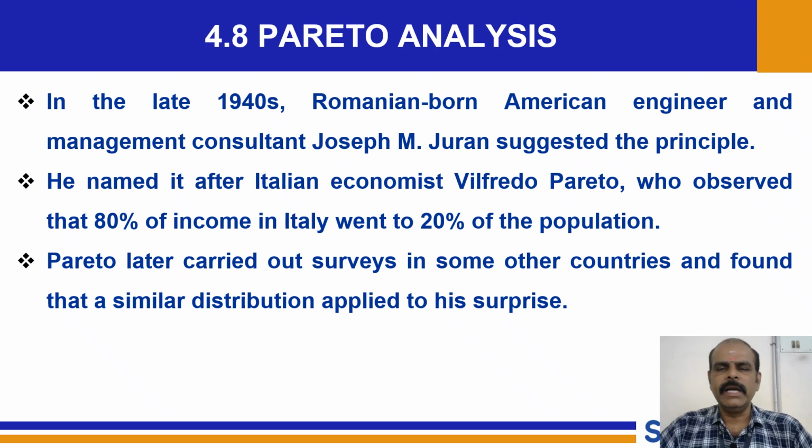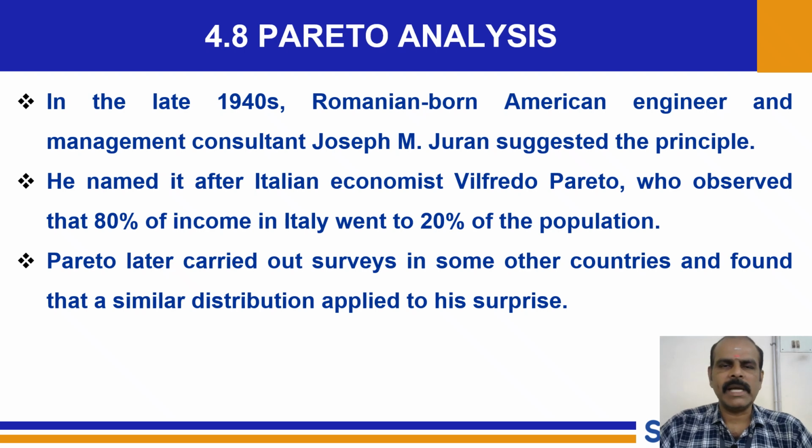Pareto went to different countries to understand whether 80-20 is predominant, or whether it was just an accidental observation. The shocking facts revealed that 80-20 was true in the majority of cases. Joseph M. Juran also came out with this concept, but the Italian scientist applied the same concept on a massive scale, so Juran kept his name. That's how it got the term Pareto analysis.